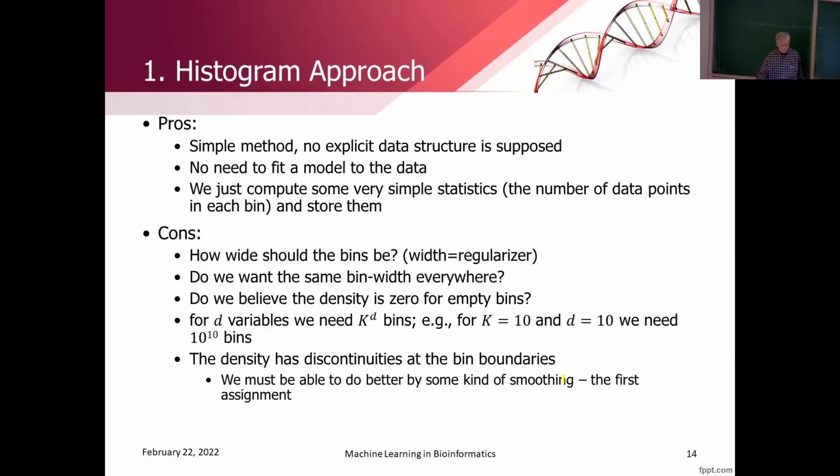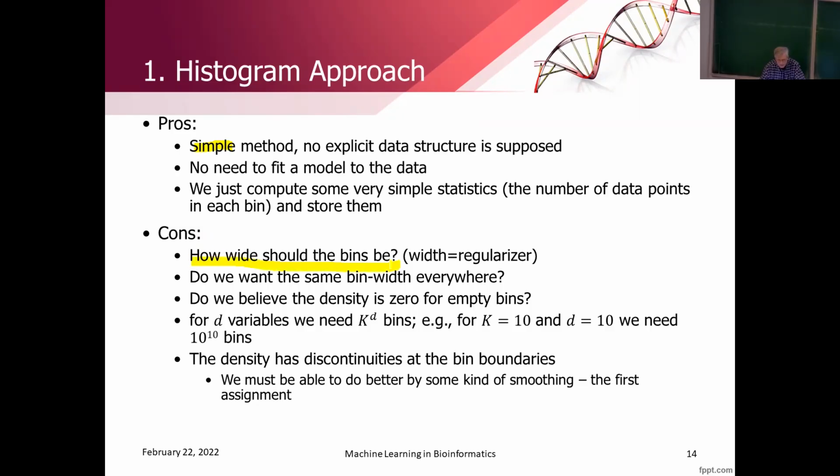So there are many good properties of histograms. The method is extremely simple. We need to fit a model to the data. So we just take some sample and compute a histogram. And then if you would like to know the density function, we just compute the approximation from the histogram. So it's very simple.